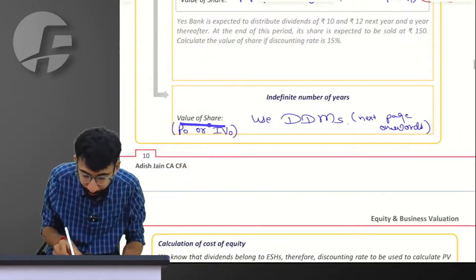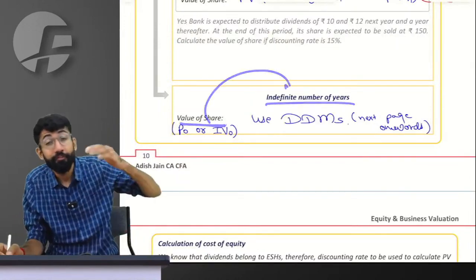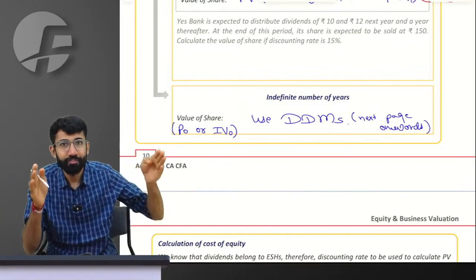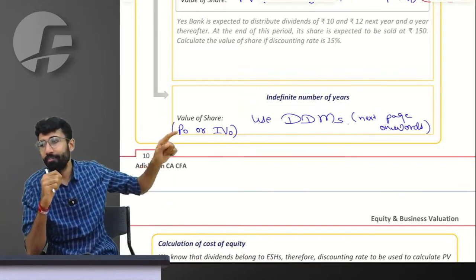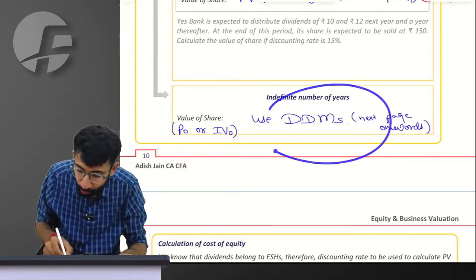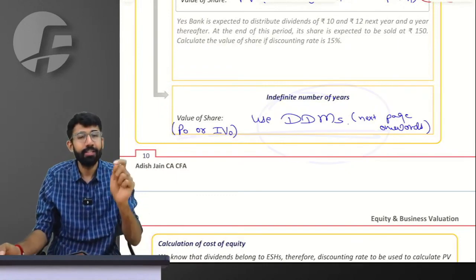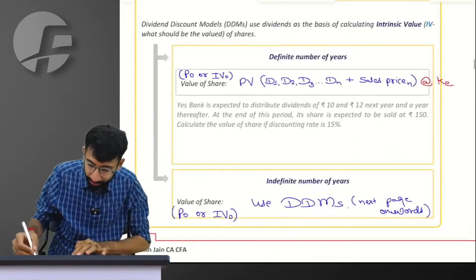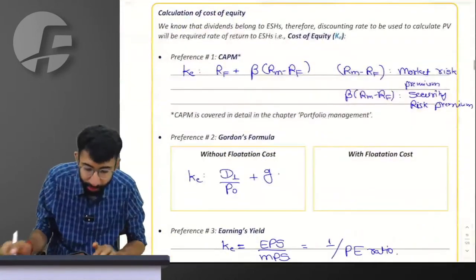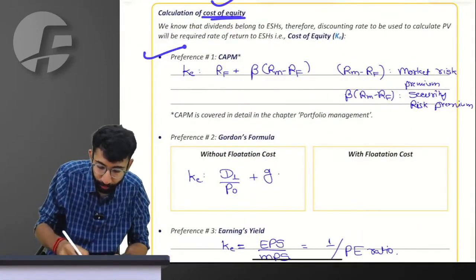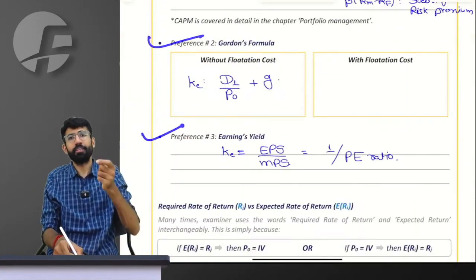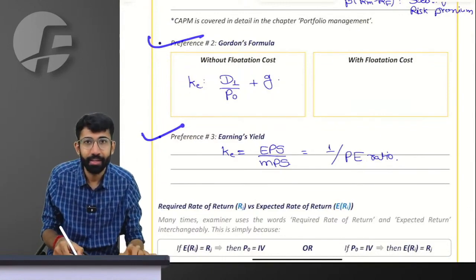Similarly, if you want to find out the value of a share in case of an infinite number of years, which means there is no timeline defined, we have to consider the dividends till infinity. And when you have to do so, we use dividend discount models. Irrespective, when you discount dividends, you need the cost of equity calculation, for which we had read three preferences in which we can calculate the KE.